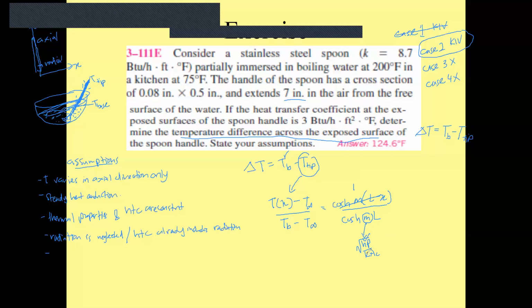We're talking about P later. k is given. Okay, now P. So how do you find P? Yes, so you see it here, right? So 2 times this one plus 2 times this one. This is 2 sides of this plus 2 sides of this. And then A_c is just this times this, isn't it? The cross-section area. Okay.